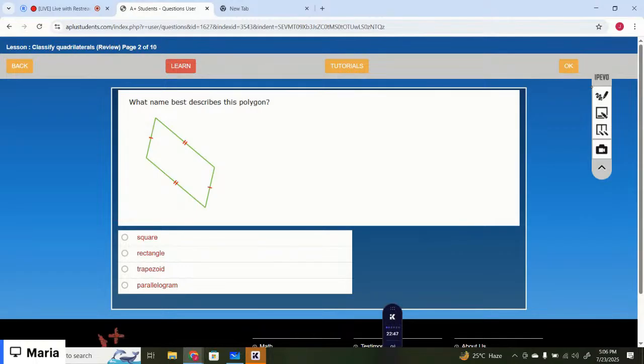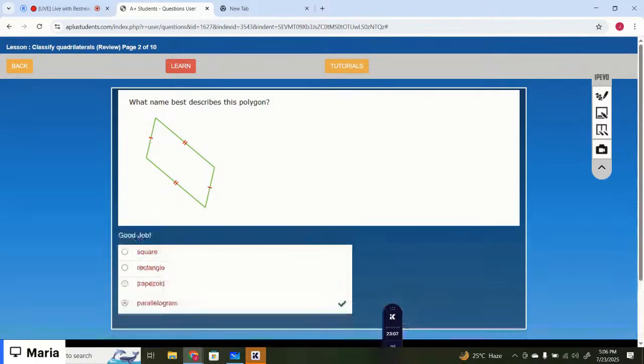What name best describes this polygon? Square, rectangle, trapezoid, parallelogram. The opposite sides are parallel, so that is a parallelogram. Option number 4 is the correct option.